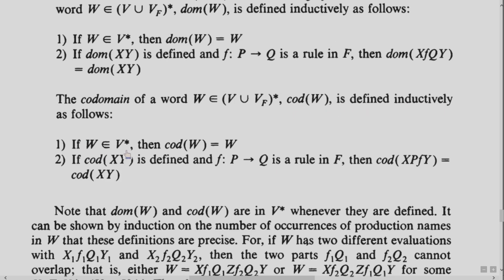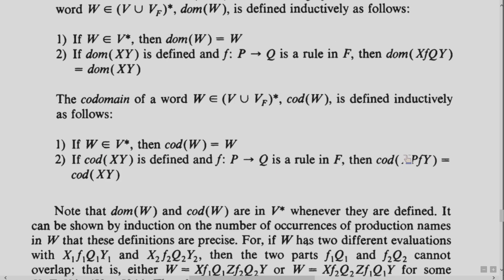Similarly, finding the codomain of a word W, it is written as COD W, codomain. COD W is defined inductively as follows. If W belongs to V star, means there is no production rule, then the codomain of W is W itself.